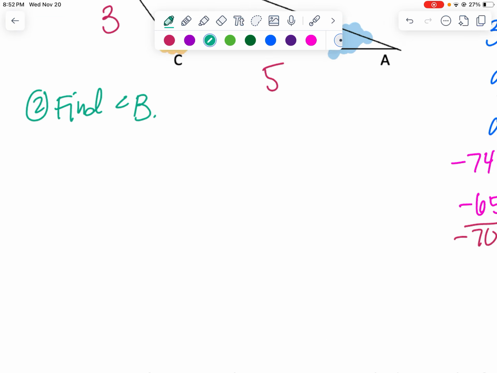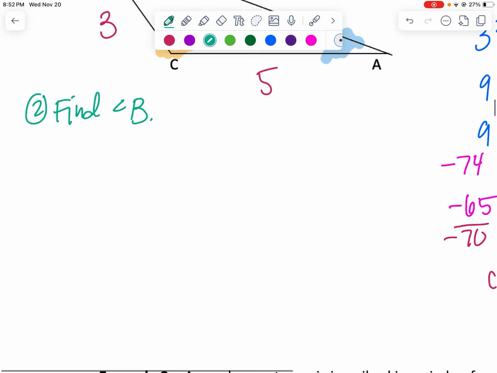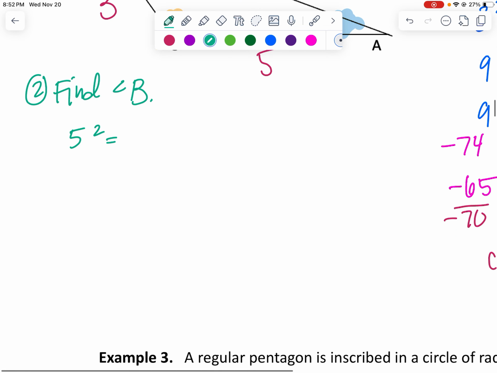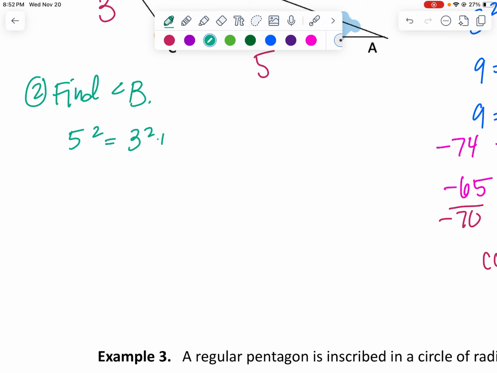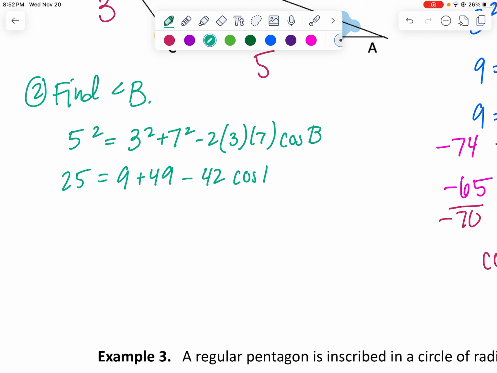Opposite of angle B is 5, so I'm going to start with 5 squared is equal to 3 squared plus 7 squared minus 2 times 3 times 7 cosine of B. 5 squared is 25, 3 squared is 9, plus the 49, minus 3 times 7 is 21. 21 times 2 is 42, times the cosine of B.